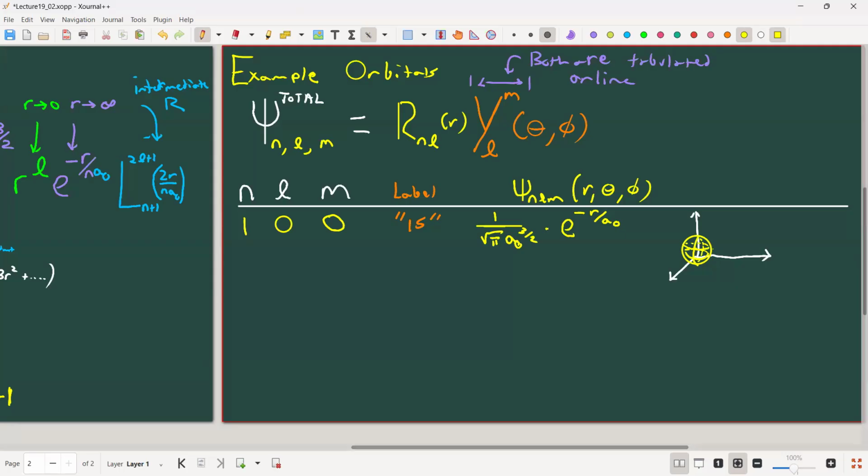But this sphere is just a fixed radius, right? So this is what the 1s orbital looks like at a fixed distance. But the wave function is defined for all values of r. So the electron doesn't really exist in a sphere. It can be at any distance. It's not at one particular distance, but it can be at any distance.